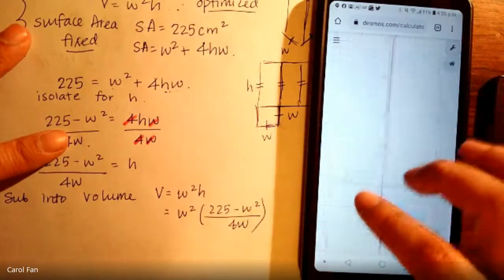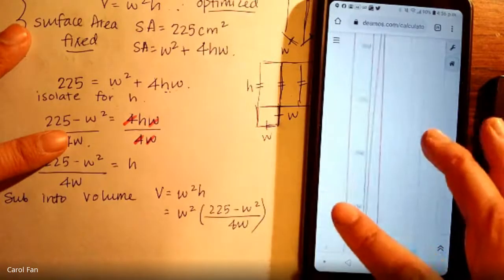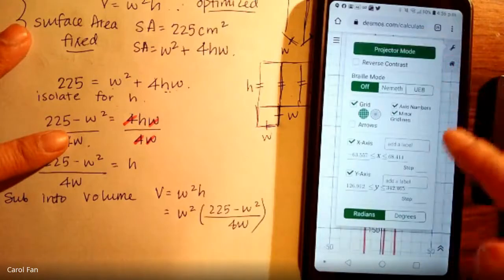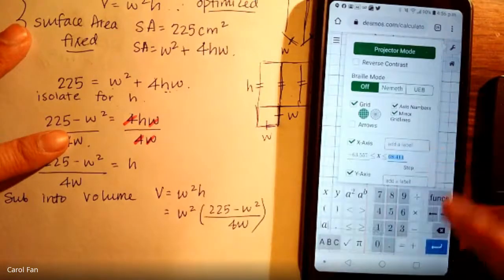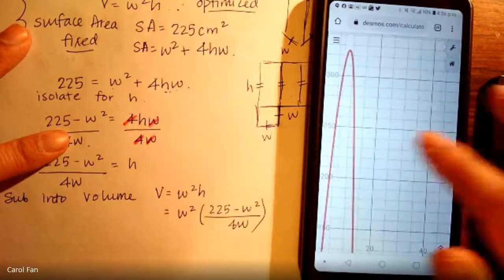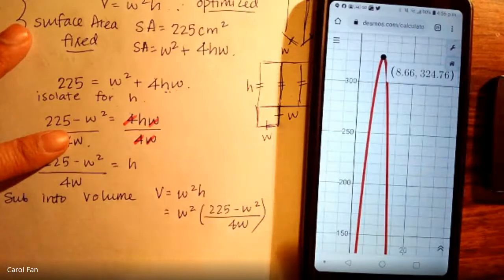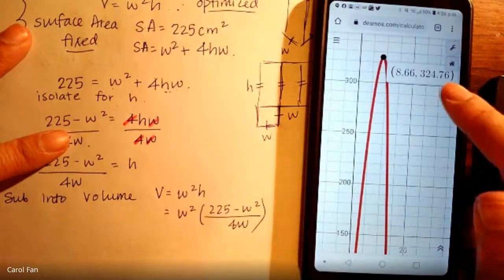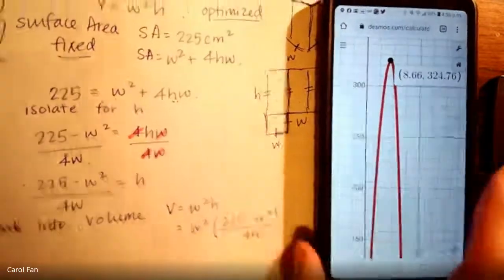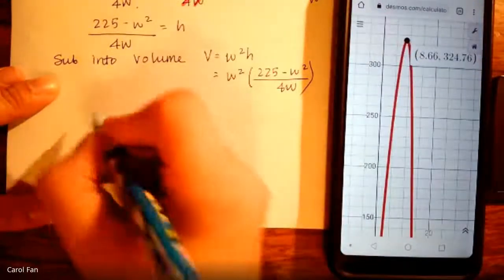Okay, so we have this graph here. Let me try to fit it better for my purposes. Okay, and I have a maximal value of 8.66 and 324.76. Let me resketch that here.